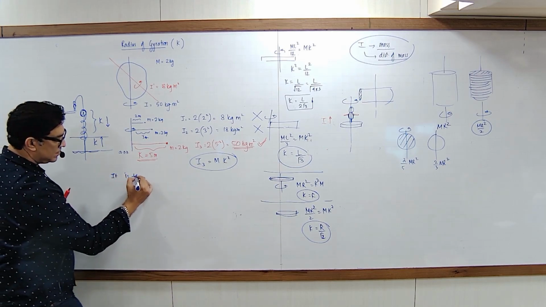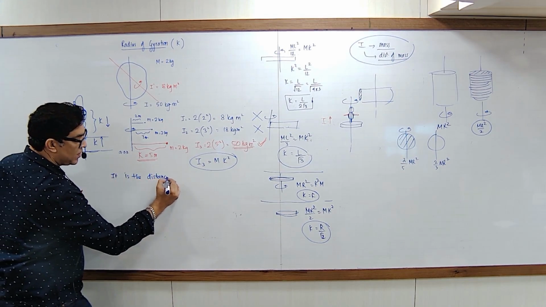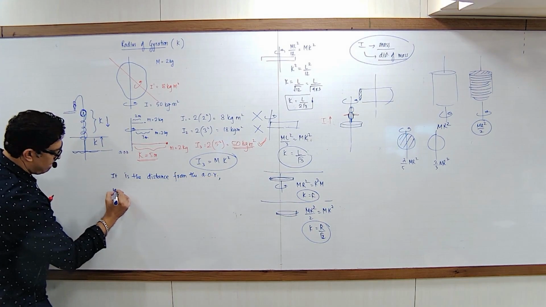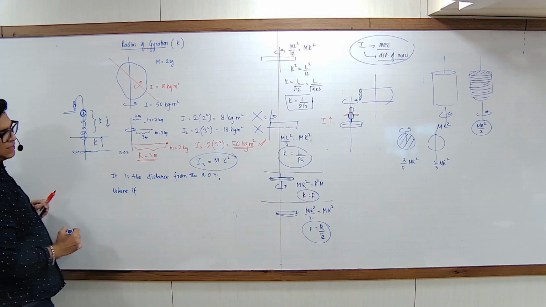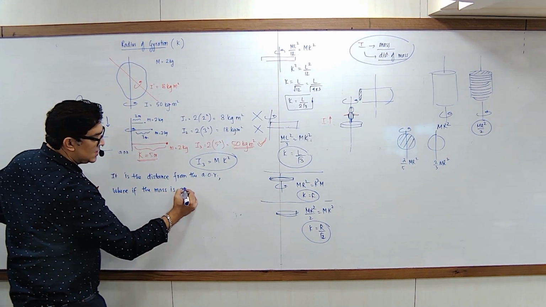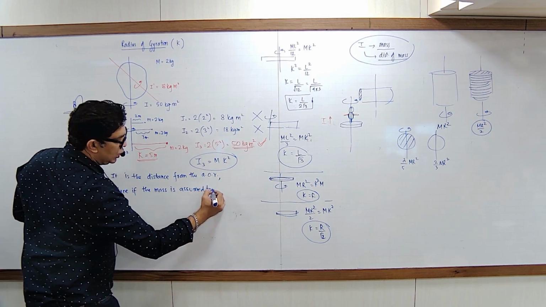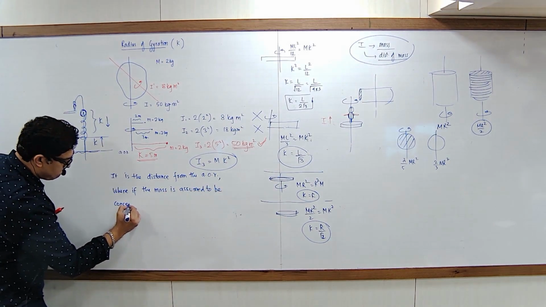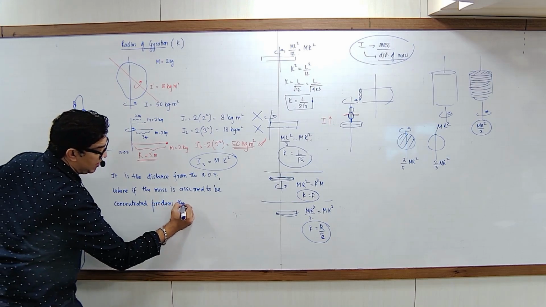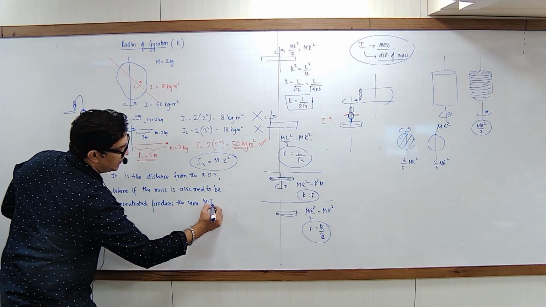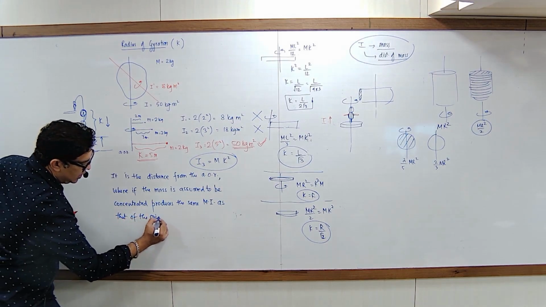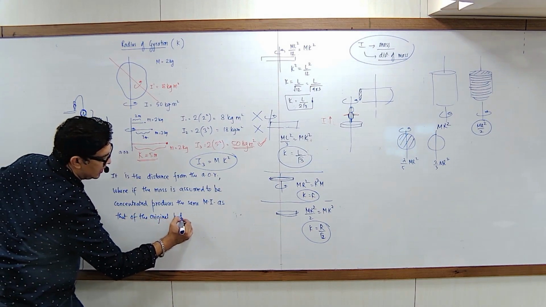It is the distance from the axis of rotation where, if the mass is assumed to be concentrated, it produces the same moment of inertia as that of the original body about the same axis.